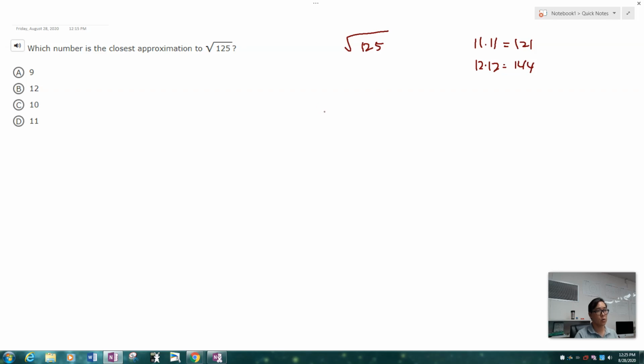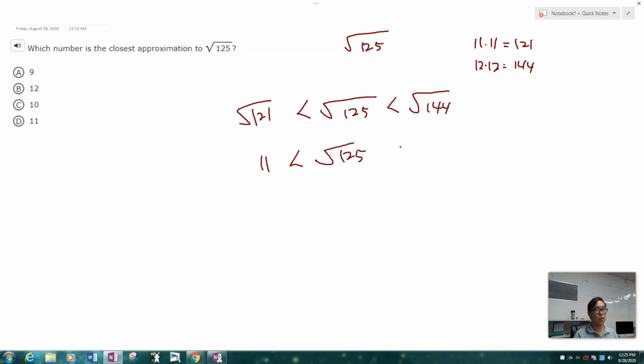So the square root of 125 is bigger than the square root of 121 and less than the square root of 144. Why do we choose these numbers? Because the square root of 121 is 11, and the square root of 144 is 12.